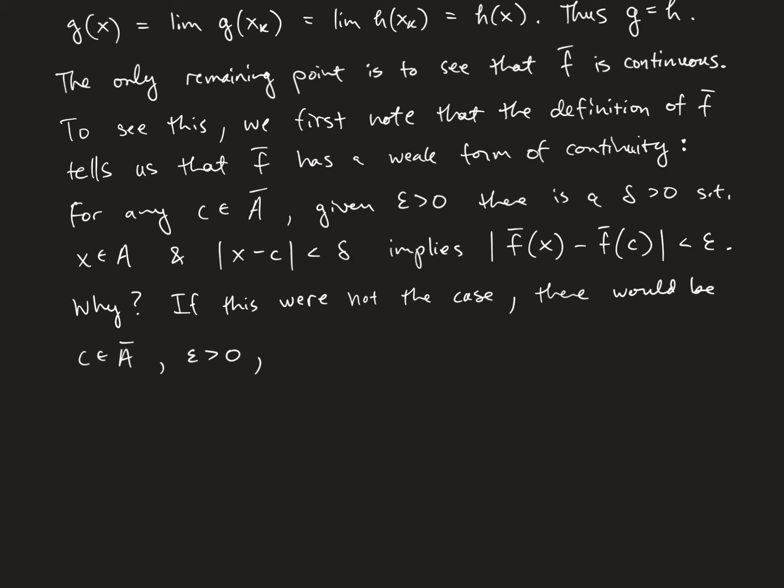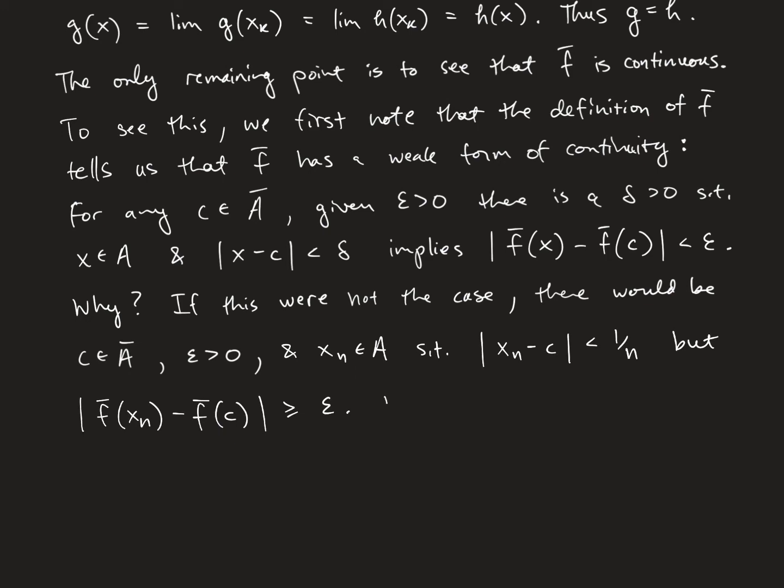In particular, for delta equal 1 over n, there would be some x within 1 over n of C which violated this inequality. So you'd have a C in A bar, an epsilon greater than 0, and then an xn in A such that xn and C were within 1 over n, but you have a violation of the epsilon inequality. So f bar at xn and f bar at C are not close together.